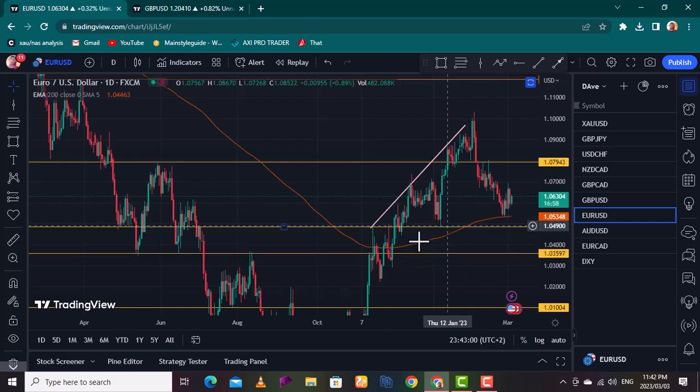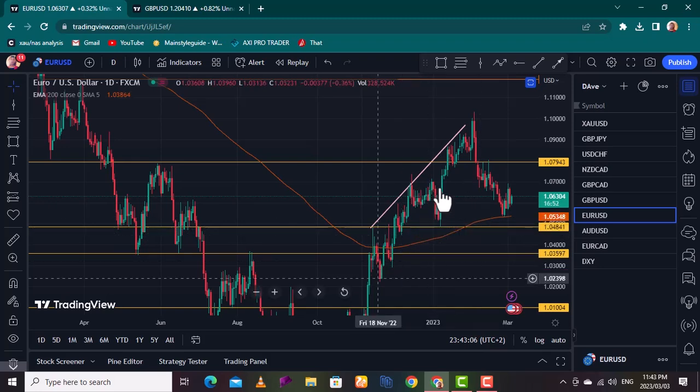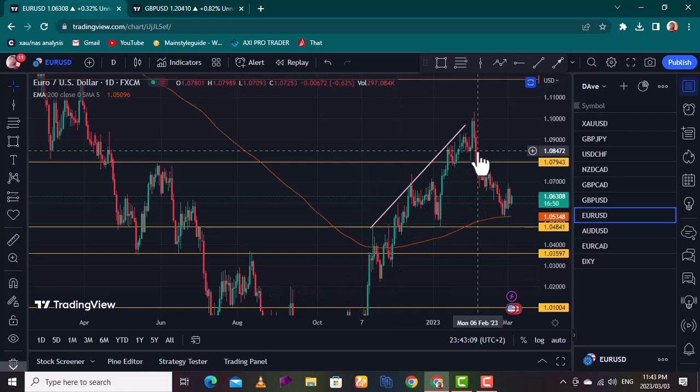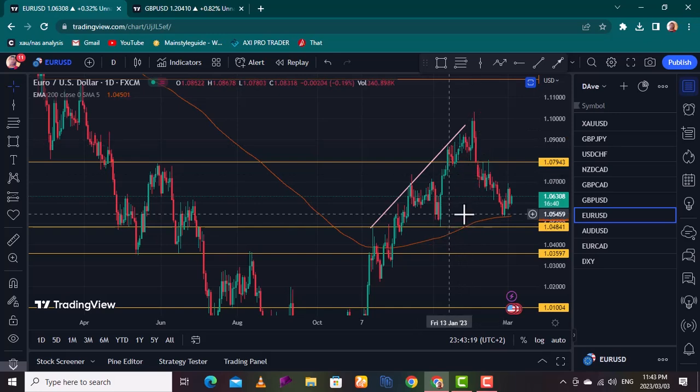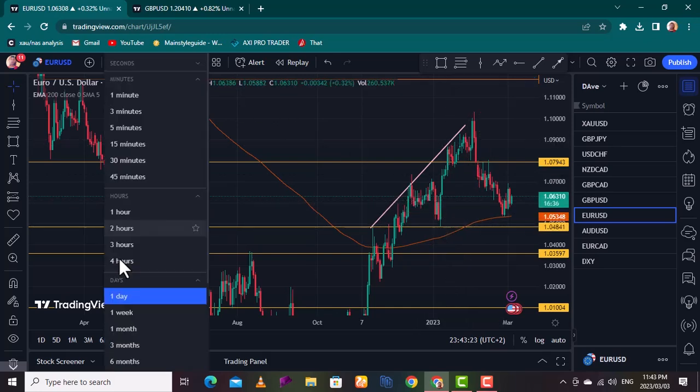But also realize how we were in a bullish trend, and we came back down to the swing low that made all of those highs. So keep that in mind.